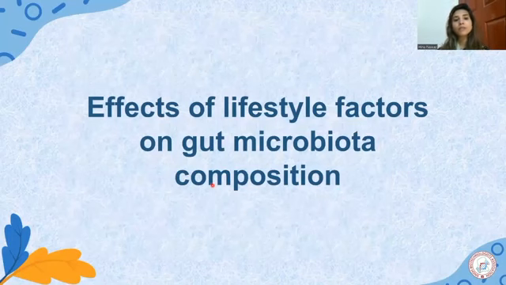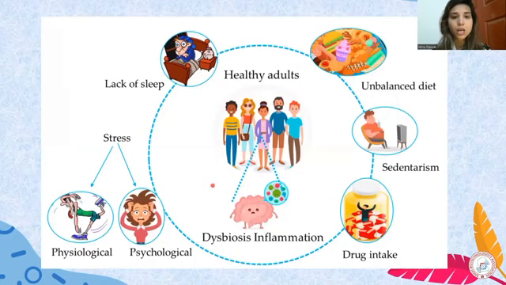Then we have some factors like your lifestyle factors, and how these factors affect your gut microbiota composition. In order to manage this inflammation inside your gut, or dysbiosis inflammation, we can use different lifestyle interventions to deal with these conditions, like your sleep habits.